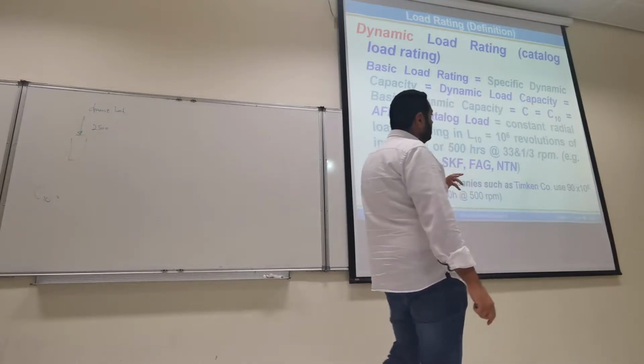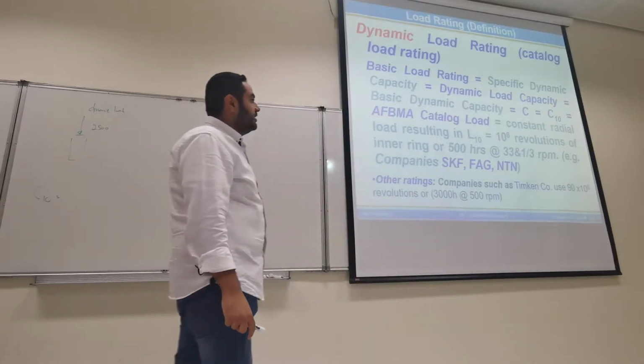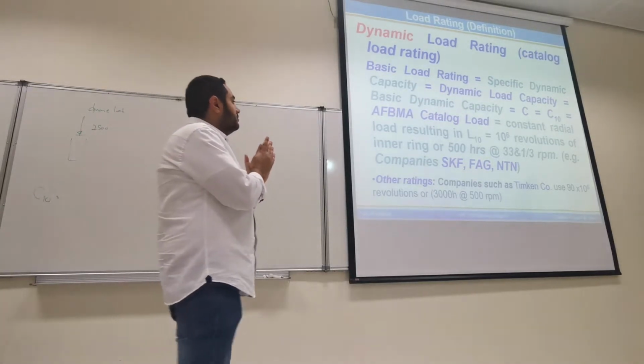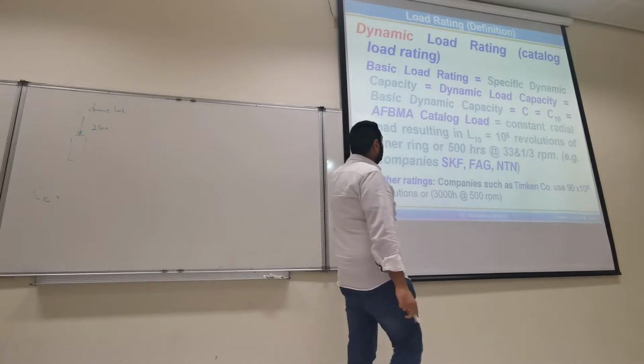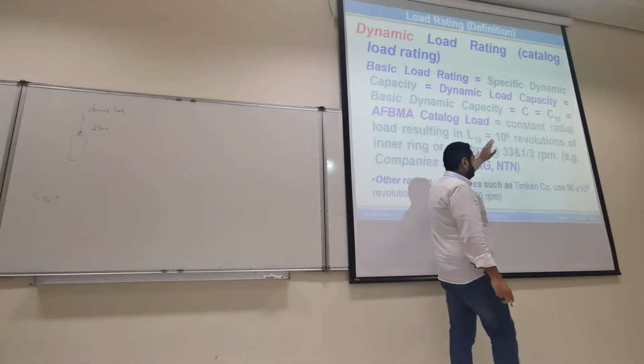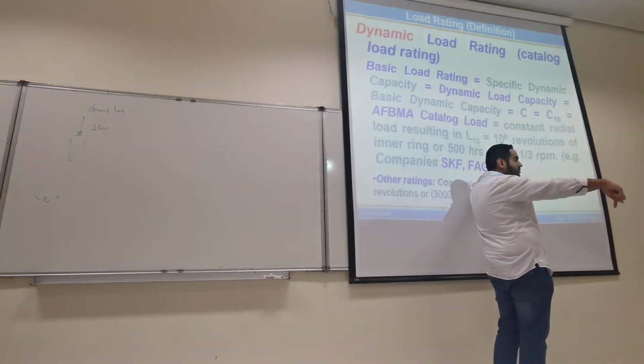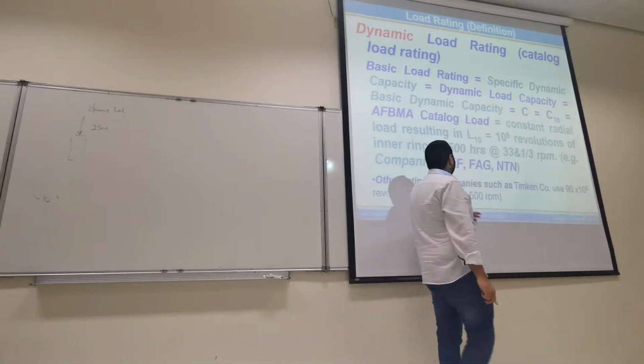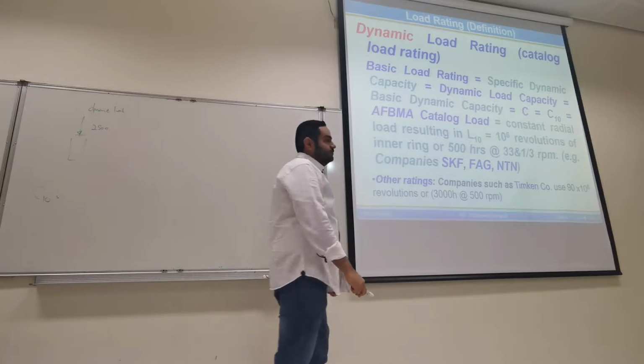They are all different names for the same parameter. So simply it is the load resulting in the rated life. So we apply this load, the bearing will live up to the rated life, with a reliability of 90%.